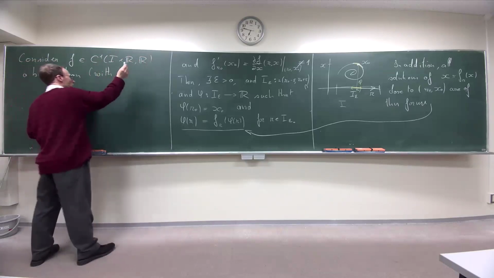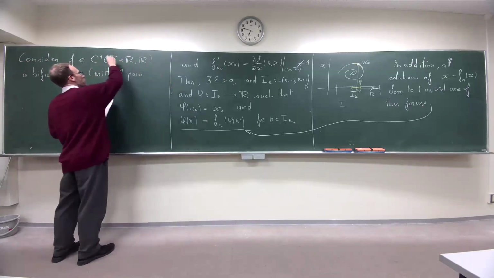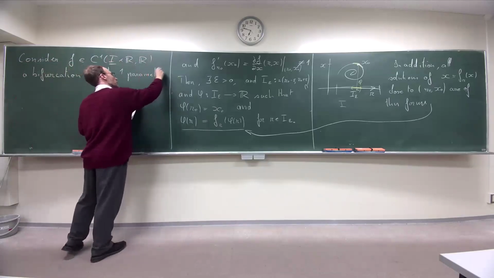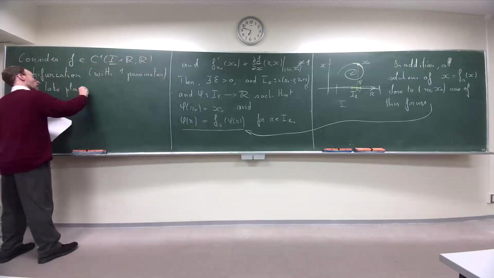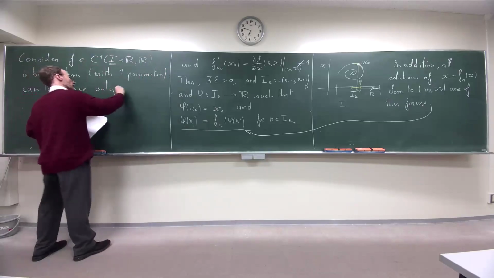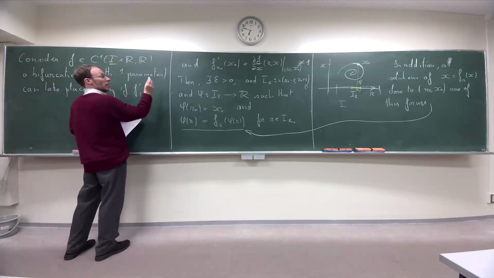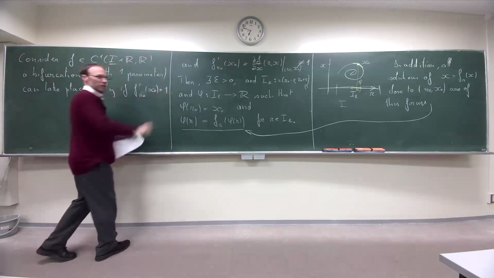I'm not doing the most general theory, only one parameter, because I'm considering the parameter only in one dimension. A bifurcation with one parameter can take place only if f prime at R0, x0 is equal to 1.